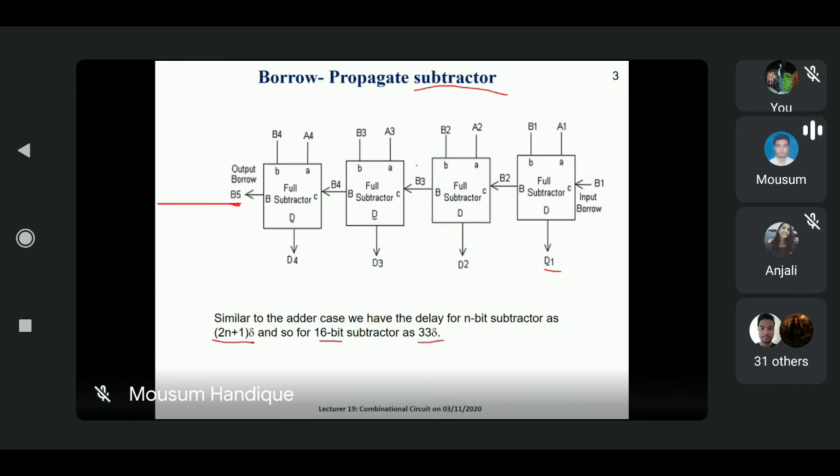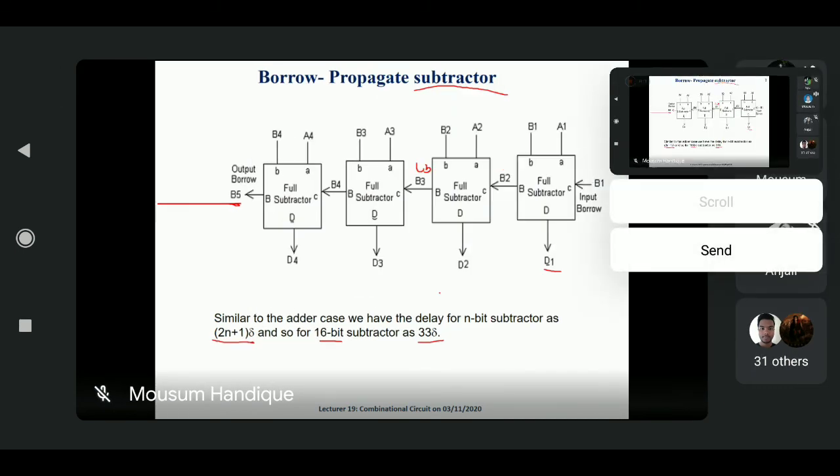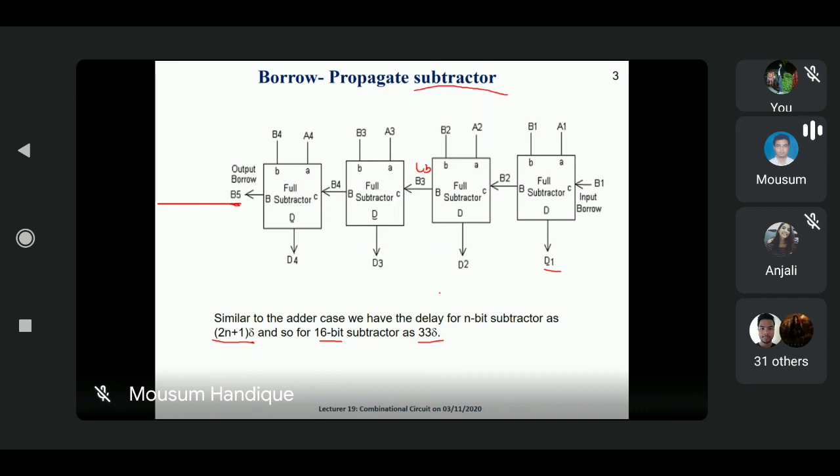Instead of B3, if we are using the adder, then this one is C3. So if someone asks, the time delay of the borrow propagate subtractor and the ripple carry adder are the same, because all the circuit properties are the same.